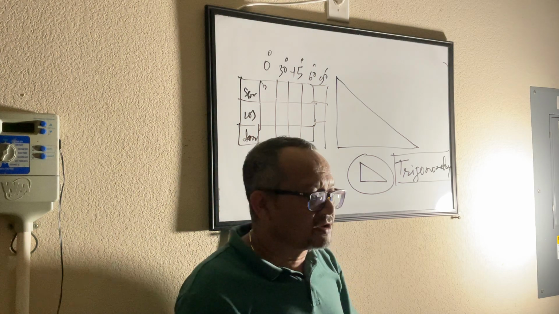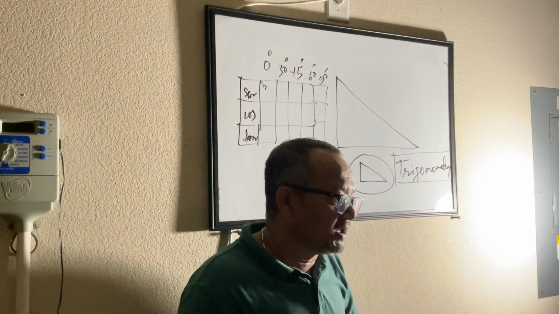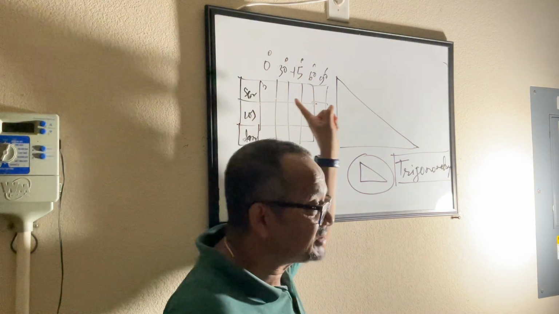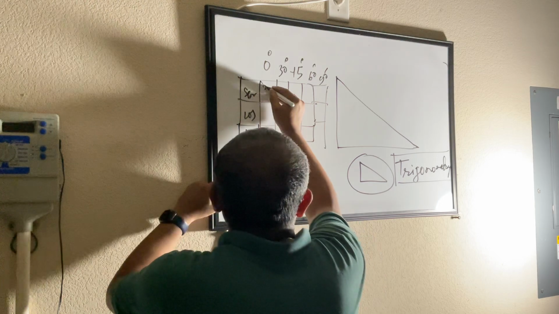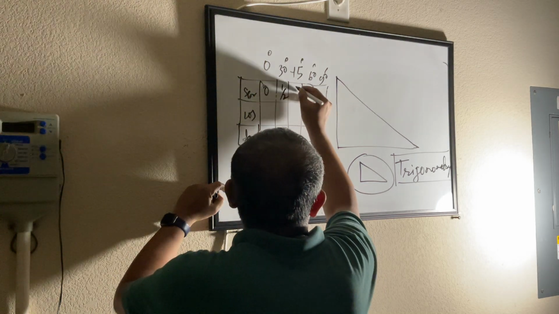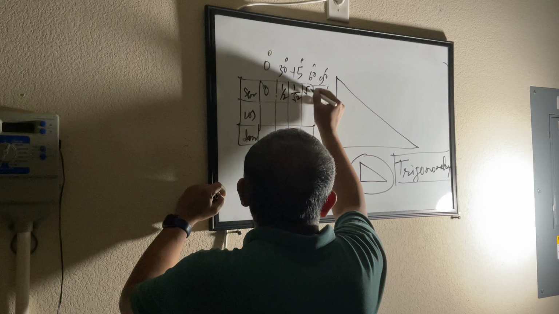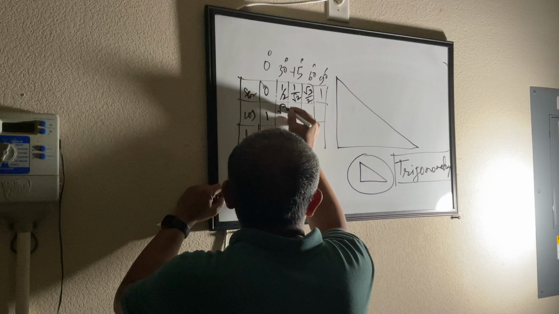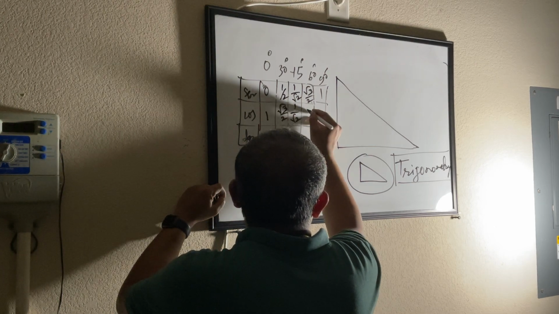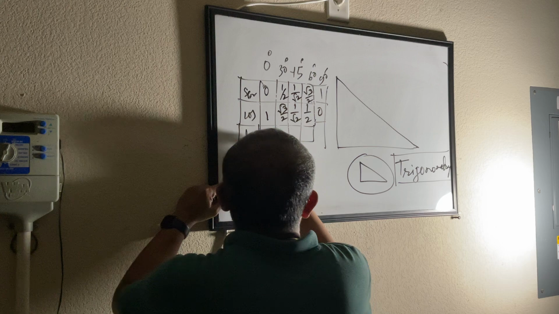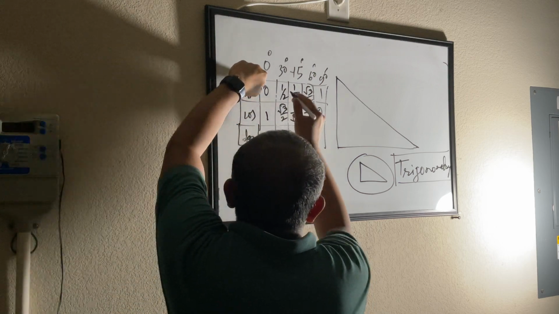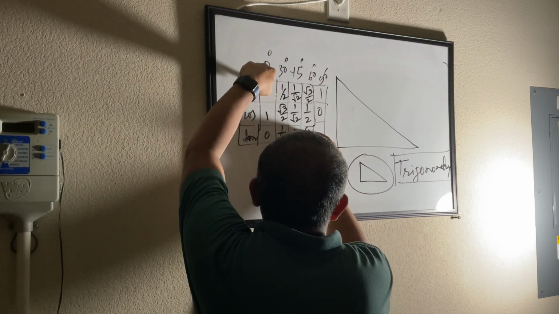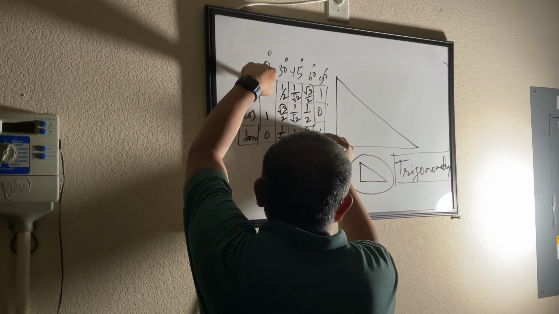Because by now, Niska also, you would have realized that this teacher doesn't believe in anything that is said unless we see it by ourselves, right? So we'll derive the values for these angles. Like if I can put it, sine 0 is 0, sine 30 is 1 by 2, sine 45 is 1 by root 2, sine 60 is root 3 by 2, sine 90 is 1. Cos: root 3 by 2, 1 by root 2, 1 by 2, 0. Tan: 0, 1 by root 3, 1, root 3 and infinity.